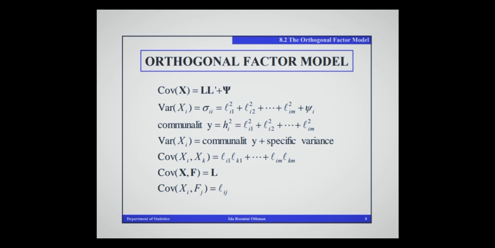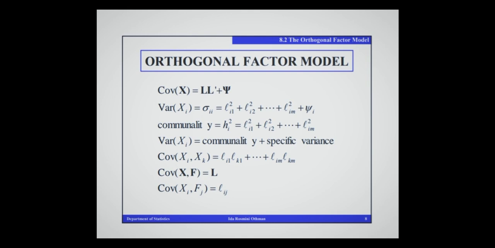Okay, and then we can also know that the variance of X adalah sigma ii, which is sigma ii ni adalah diagonal matrix kan, diagonal element dalam variance covariance matrix.